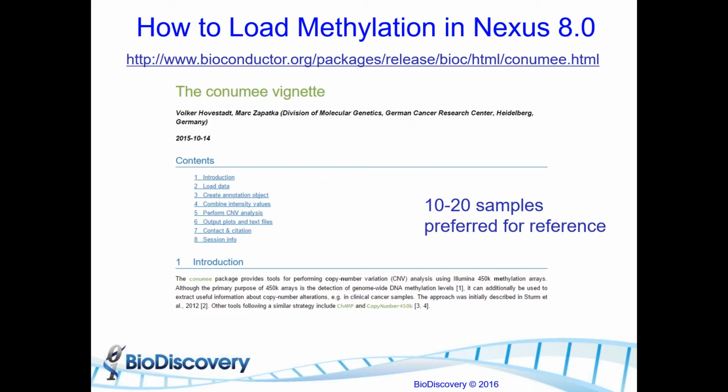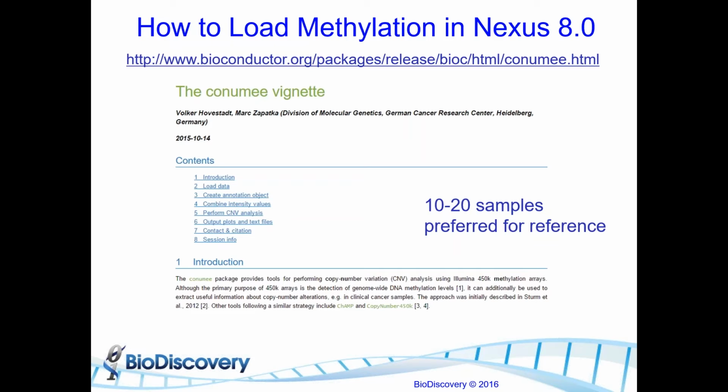This vignette right here gives a very detailed step-by-step instructions of how to load in your data and get out a text file that you can then use for copy number analysis. This particular tool uses a raw .idat file, which is basically the image file. This is the rawest information that we can get from our methylation arrays.